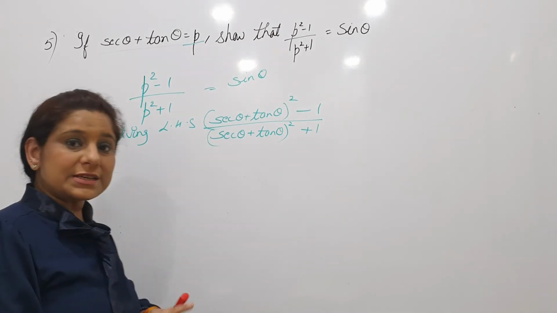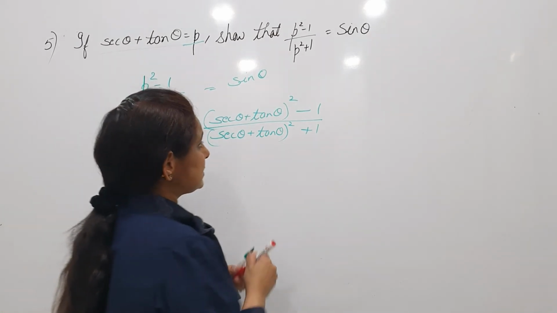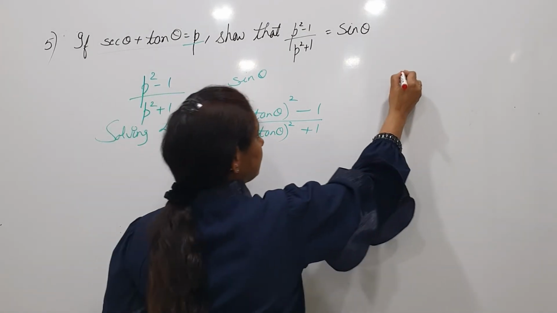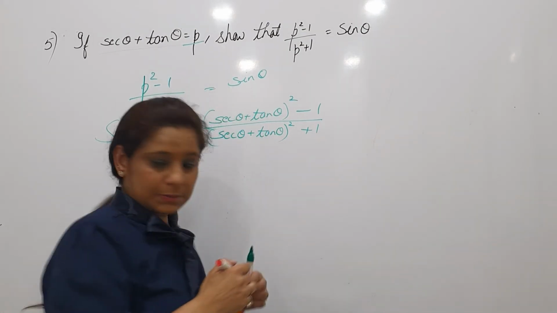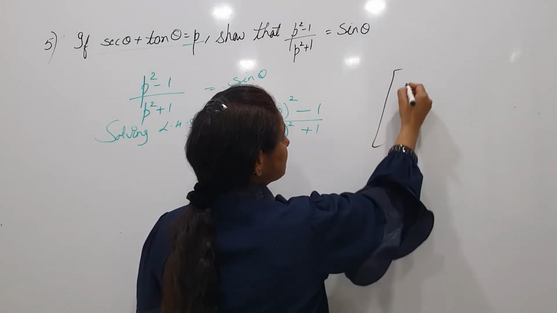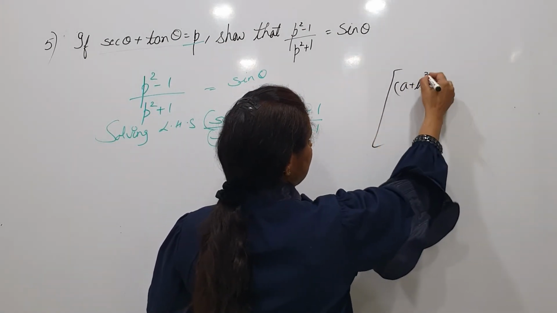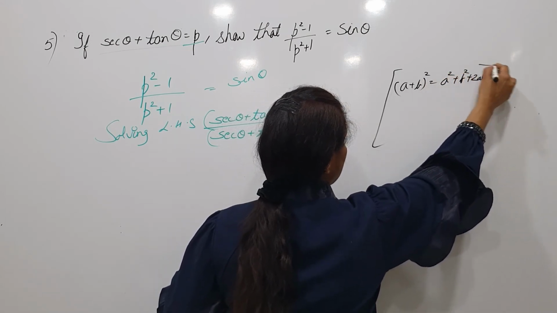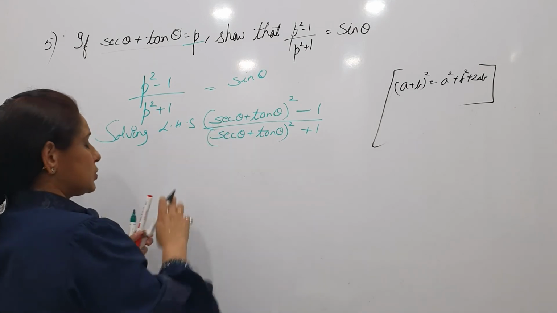Now here, which identity can be seen? The identity seen is a plus b whole square. And what is a plus b whole square? A plus b whole square is equal to a square plus b square plus 2ab, which we are going to use here.